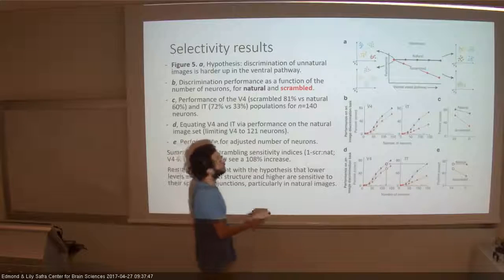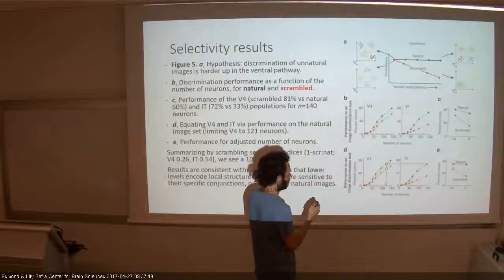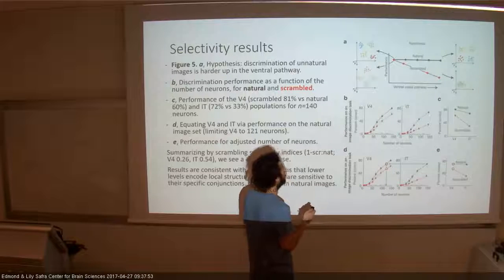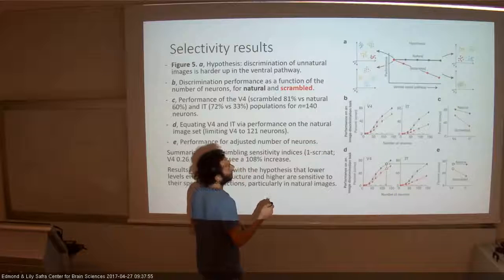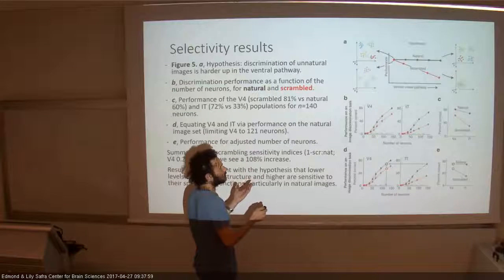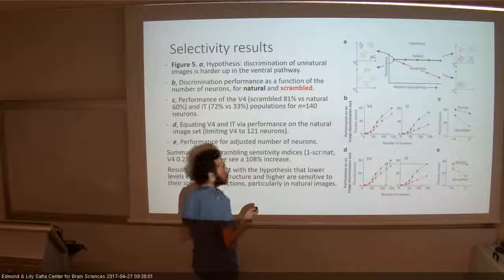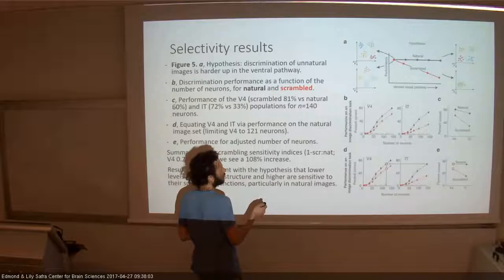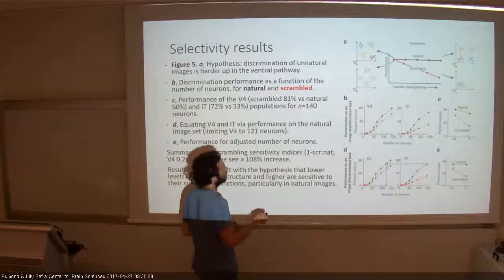So this is the hypothesis: that for the natural images, all areas will perform well in the task of separating them, like here, they can still separate them.